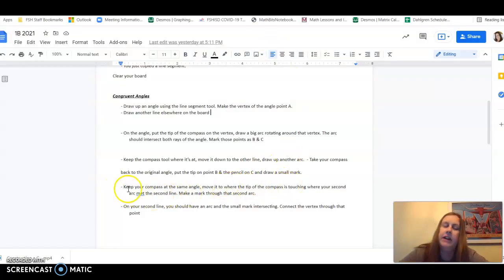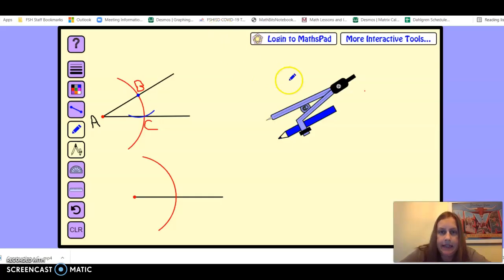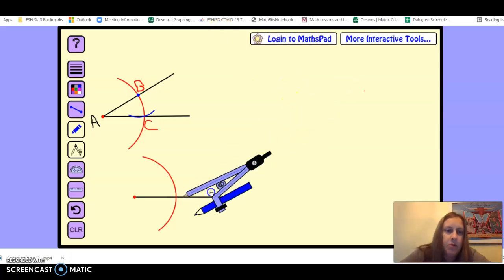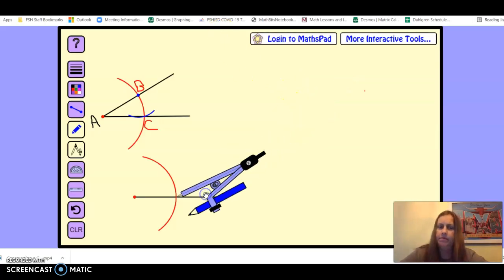And then now you're going to keep that compass at the same setting, keep it locked, and move it to where the tip of the compass is touching your second angle at the second line. So make a mark through that second arc. So what that means is taking this down here, see where this hit right there where it intersected that point?